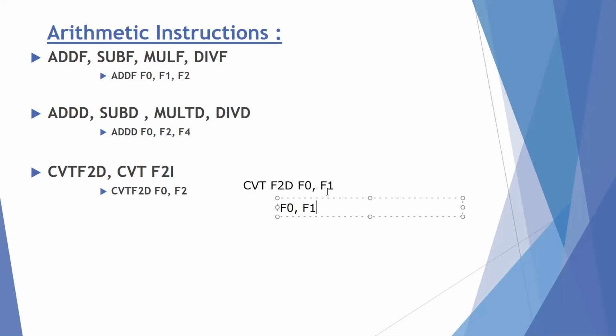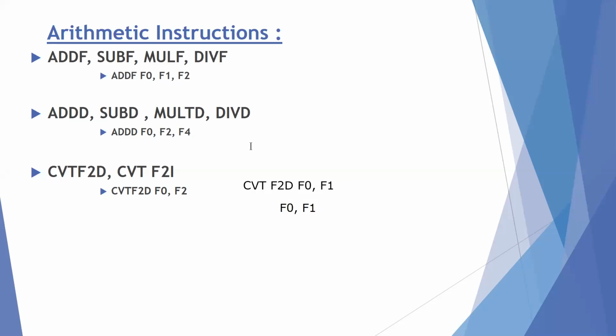Now whatever the value of F1 is will be copied, and F0 will have all zeros. Oh, sorry, I said it the wrong way. F1 will be copied in F0 and F1 will have all zeros now.